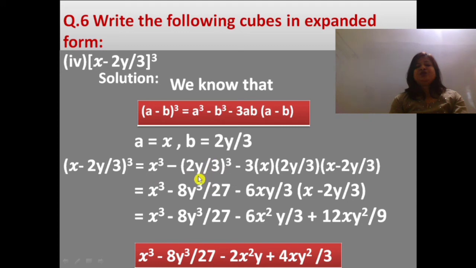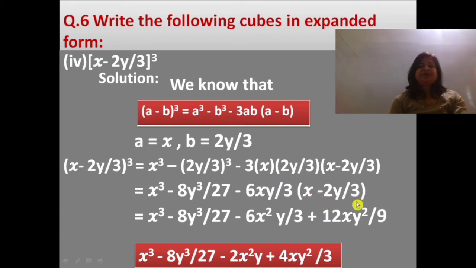In place of b³, (2y/3)³ will come, minus 3ab, that means 3 into x into 2y/3 into (x − 2y/3) in place of (a − b). Now x³ − 8y³/27, because this is the whole cube of 2y/3, minus 6xy/3. 3 into x, 3x into 2y, that means 6xy will come divided by 3, into (x − 2y/3) will remain the same.